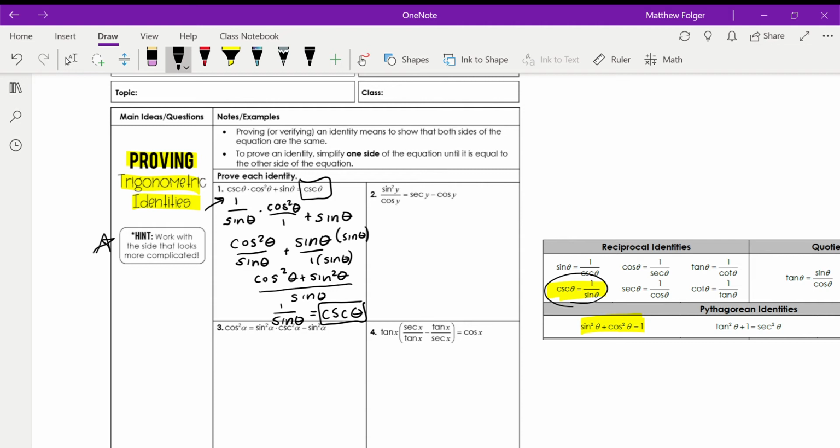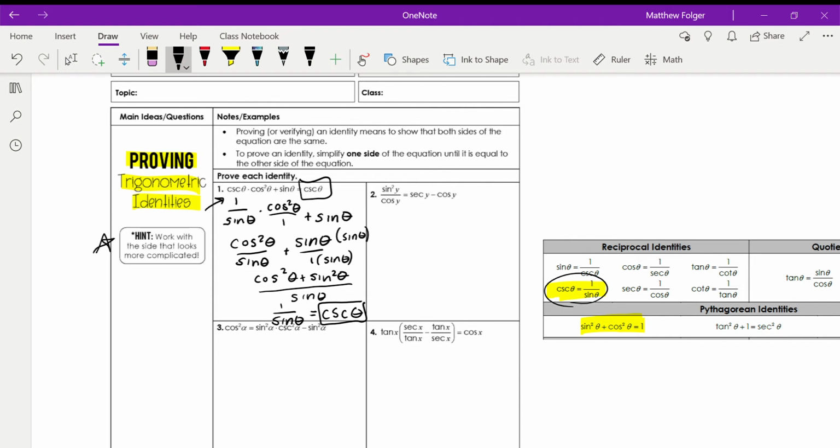Now, in example 1, the more complicated side was pretty simple to see. In example 2, we actually have two sides that are pretty close to the same level of complication, I guess you could say. On the left side, we have a fraction involving sine squared y. And on the right side, we have a subtraction between secant and cosine. And it honestly doesn't matter which one you choose.